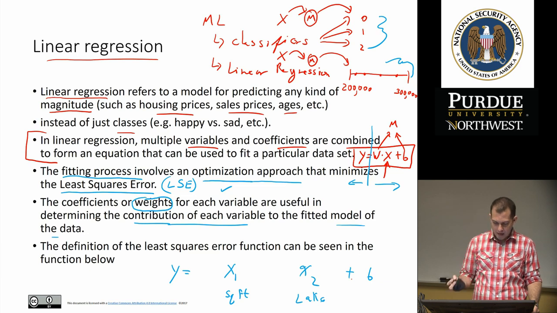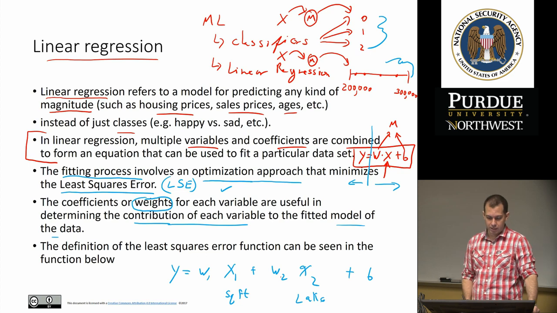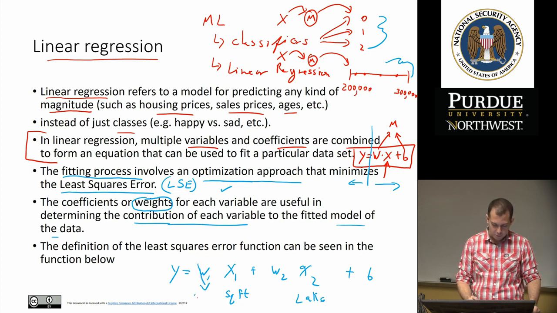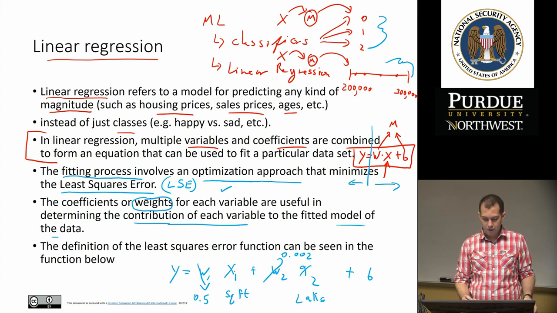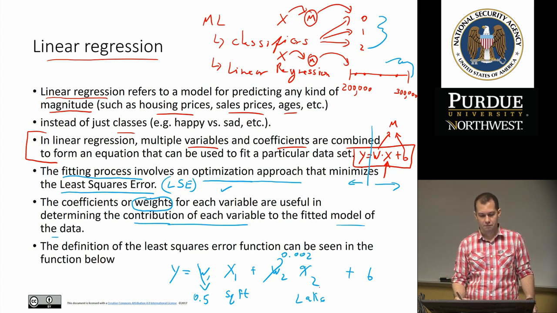But it might be that you need to determine which one of these variables is more important. Is it the square footage or is it the lake? So it might turn out that this one is really important, 0.5, let's say. And then this one is less important, and it might be 0.002, for instance, right? So that's kind of what it means, that you're trying to learn the contribution of the variables. And so, as I said before, that's what the model is going to learn given the data.